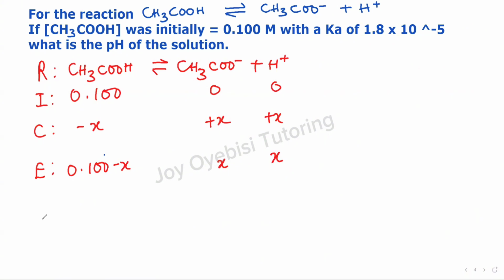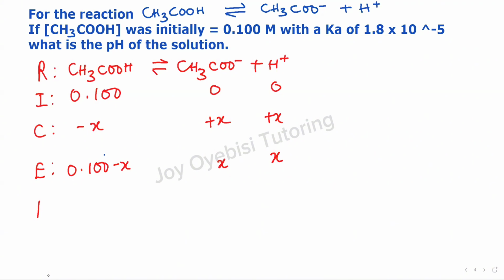Now, we will set up the K expression. This time we're dealing with Ka, the acid dissociation constant. Okay, it's under acid-base equilibrium. So we've seen equilibrium constant, which is Kc. Ka is also an equilibrium constant, but more specific for acid. So we say it's the acid dissociation constant, Ka.